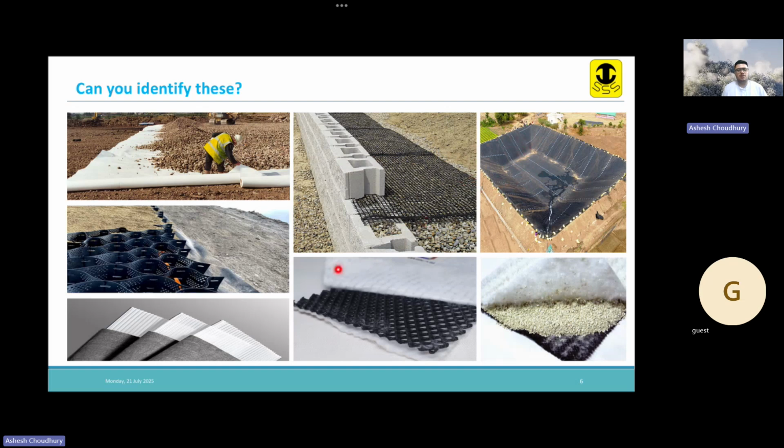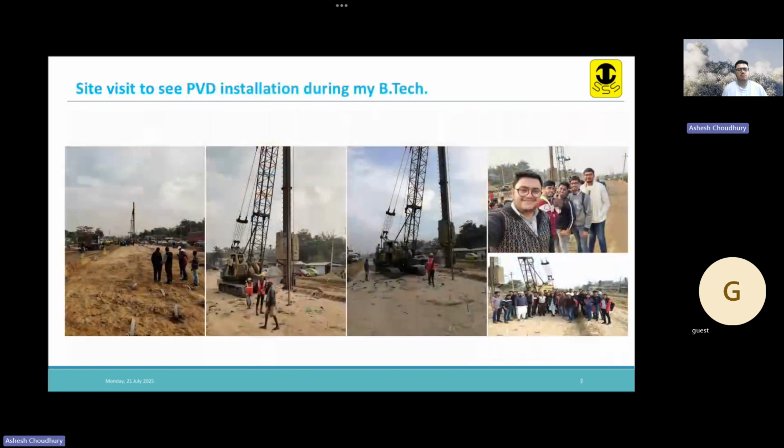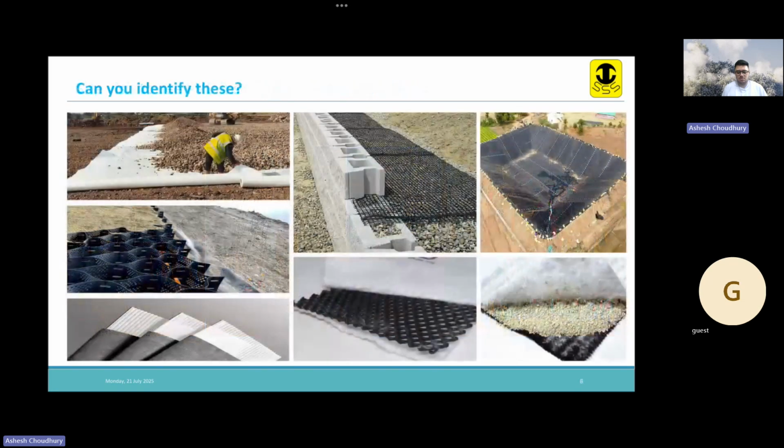And here we have some hexagonal sheet-like stuff, hexagonal cells, a honeycomb-like structure, and within those cells we are filling geomaterials.